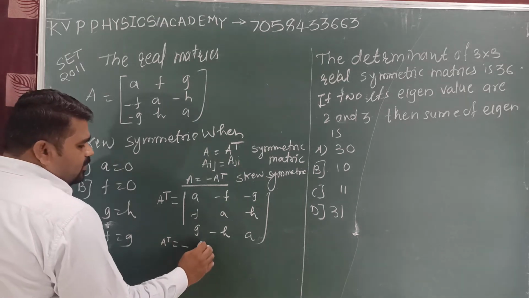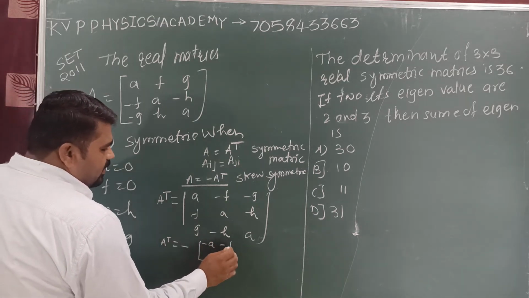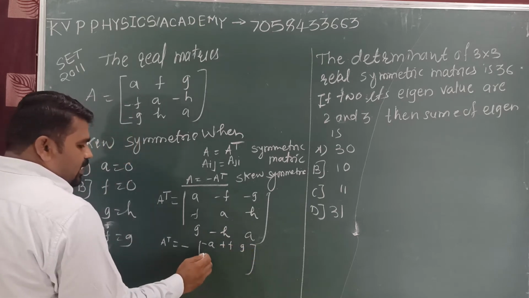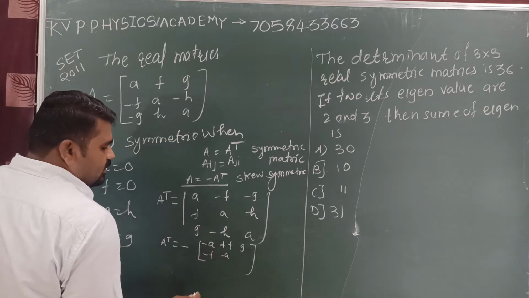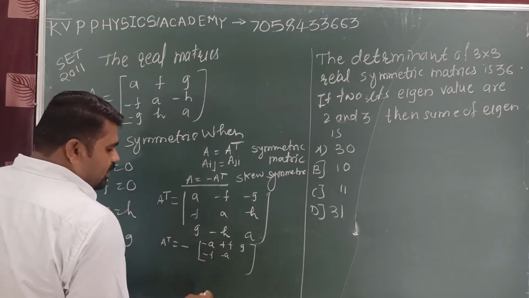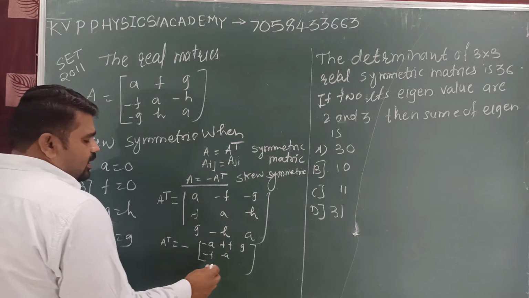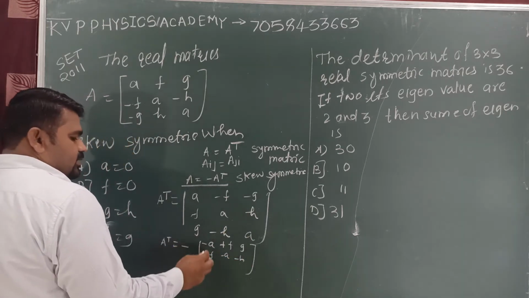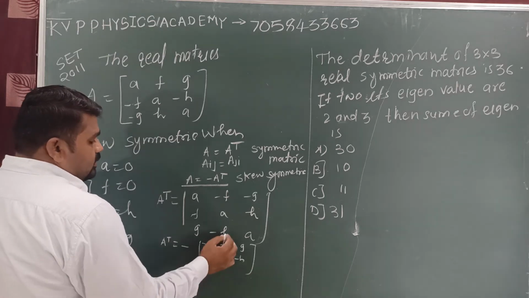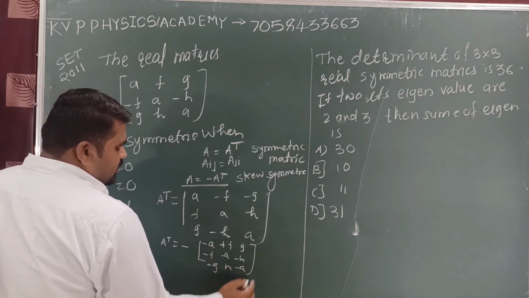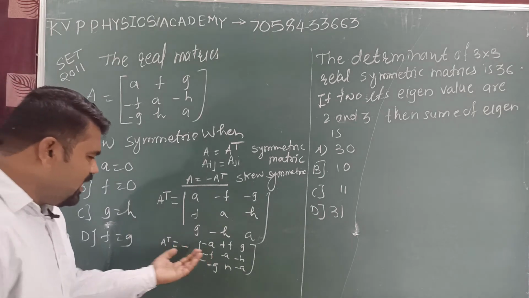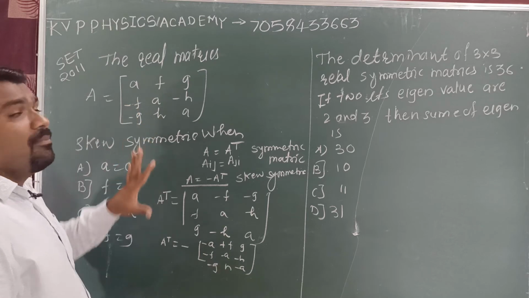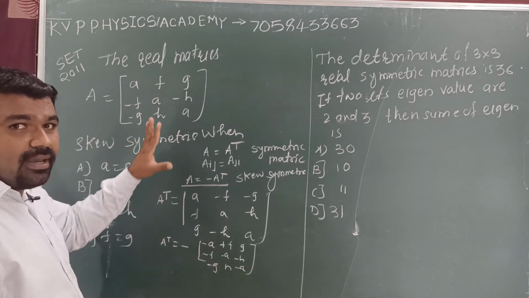Then this matrix becomes minus A, plus F, plus Z, minus F, minus A, minus H, minus Z, plus H, minus A. Yes or no? If we take the minus common out, this does not become the same matrix. Yes or no?